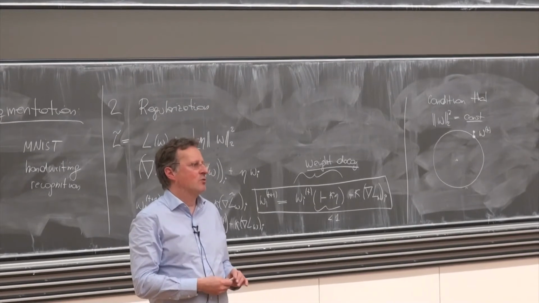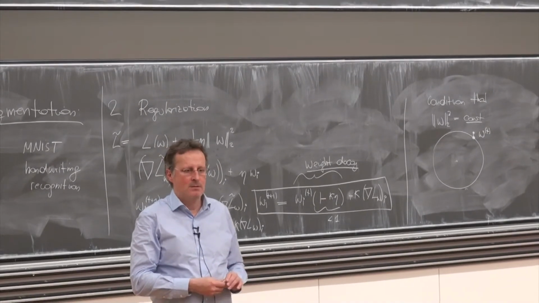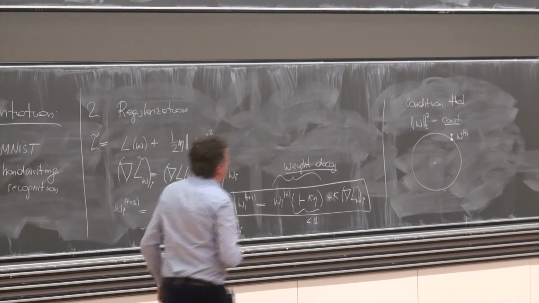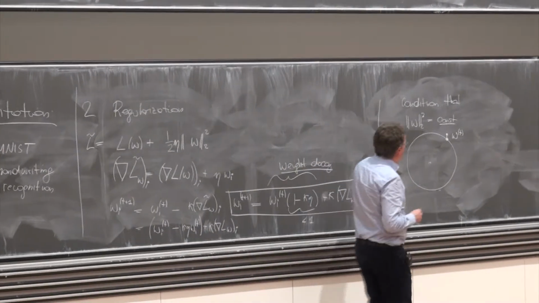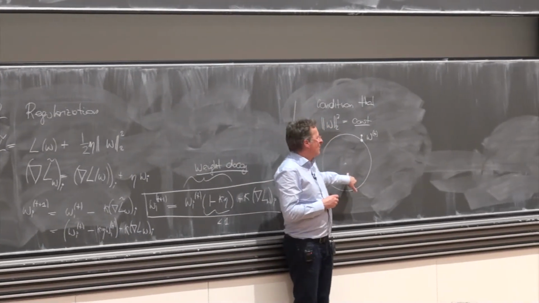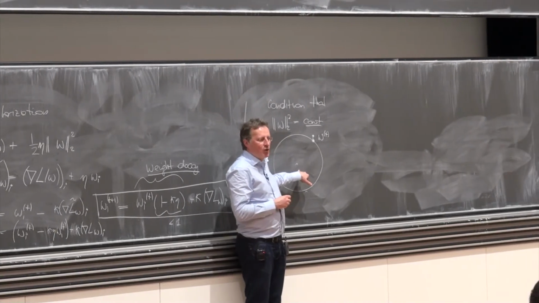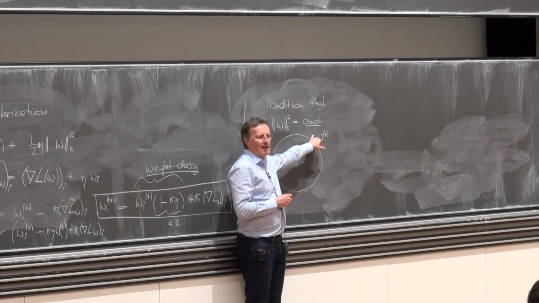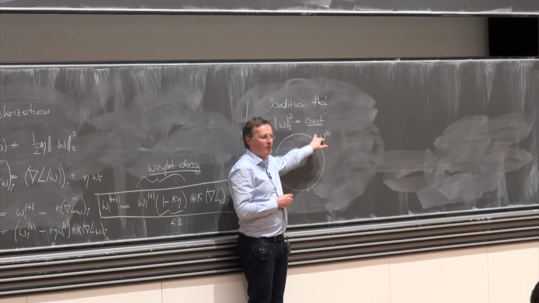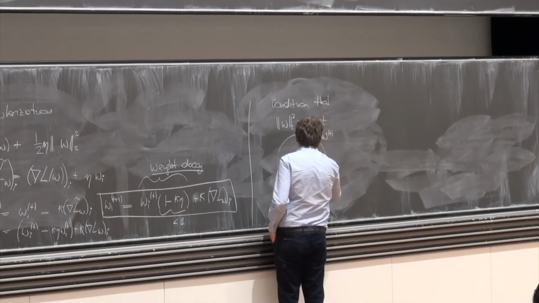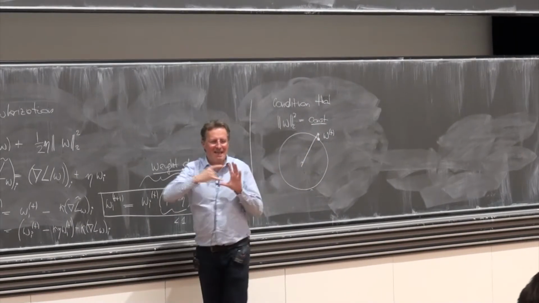Clear? So what could we do now? Project back. This is just called the projected gradient. So we project back to be on the sphere. We're simply looking for the vector that's closest to the vector here, in this particular norm, the L2 norm. And it's not hard to see that that's just shrinking or expanding. We're just scaling things.